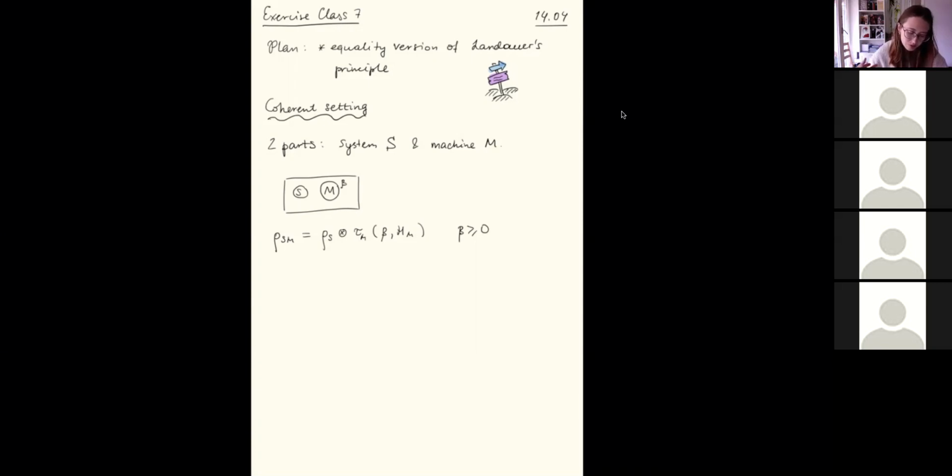Then the transformation is described as a unitary acting on this joint system. After the transformation, the state of the system S and the machine M is some rho SM prime, which is just the result of acting with this unitary. And of course, we label the reduced states as rho S prime and rho M prime.